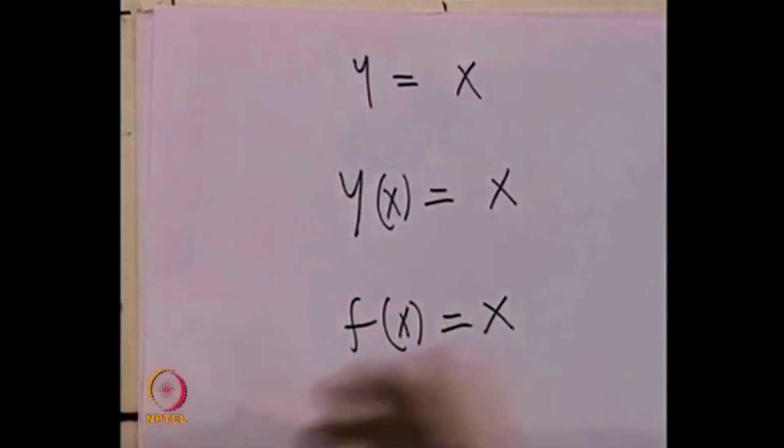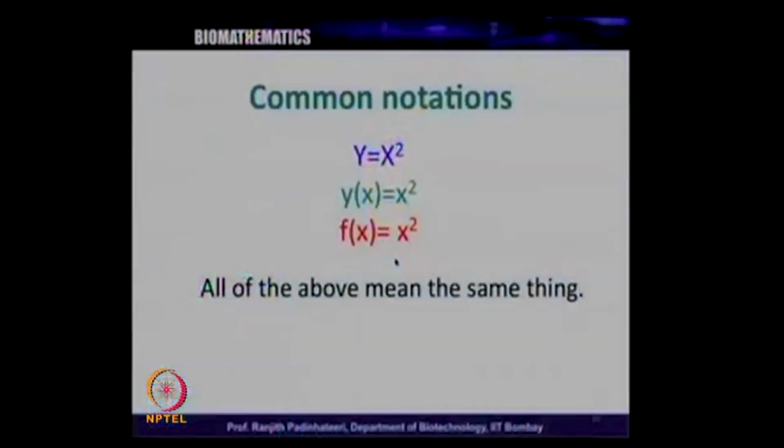Similarly, there are 3 different ways we can represent it; in some books you would see y equal to x, y of x equal to x, f of x equal to x. Similarly, in the x square case also, as you see in the slide here, some people would represent y of x equal to x square, f of x equal to x square, but as I said before, all of this means the same thing.